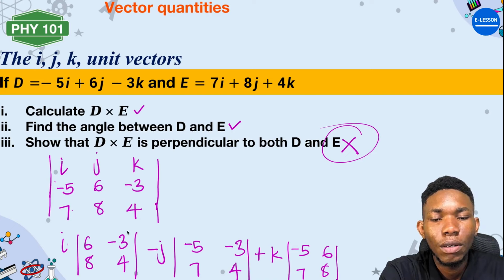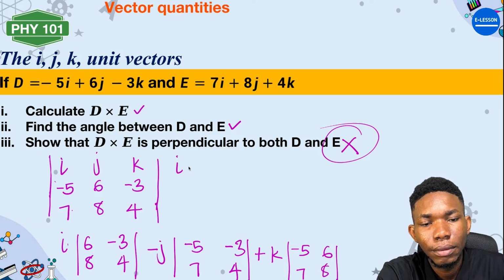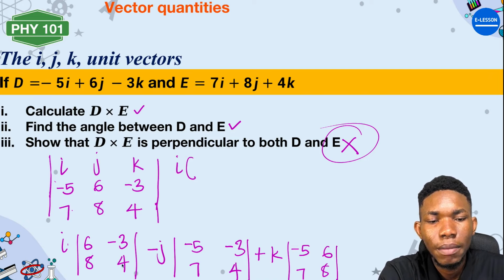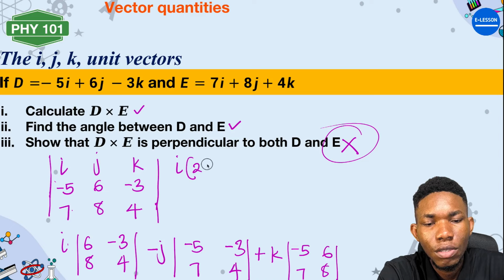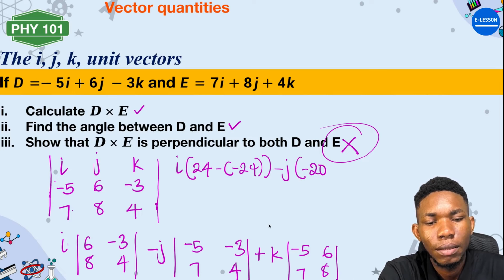This is now going to give us i bracket 6 times 4 will give us 24 minus bracket 8 times minus 3 will give us minus 24. Are you getting it? Close. Minus j bracket 4 times minus 5 will give us minus 20.